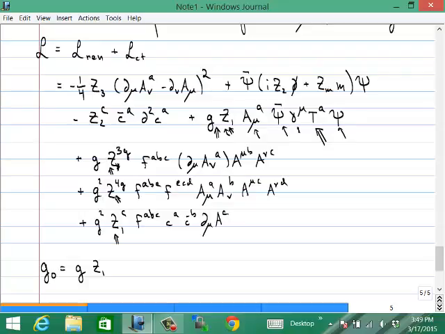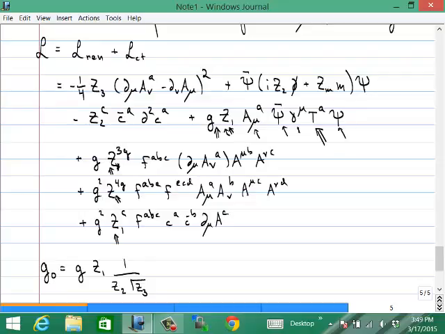And so you would have a factor of 1 over Z2, which is the wave function renormalization of the psi field, and the square root of Z3, which is the wave function renormalization of the A field.